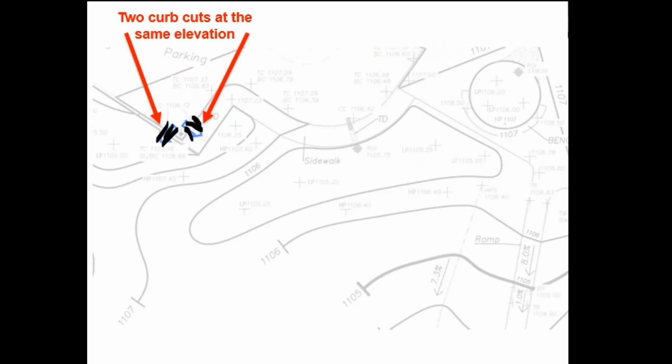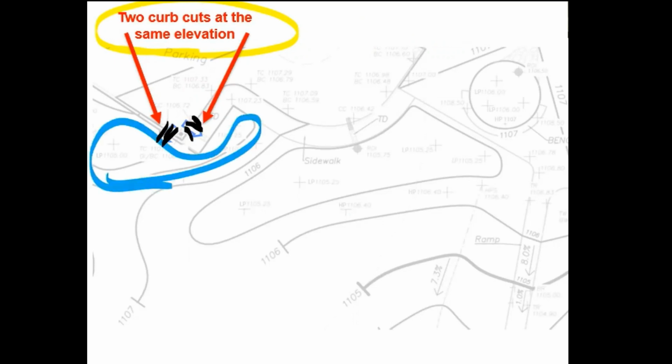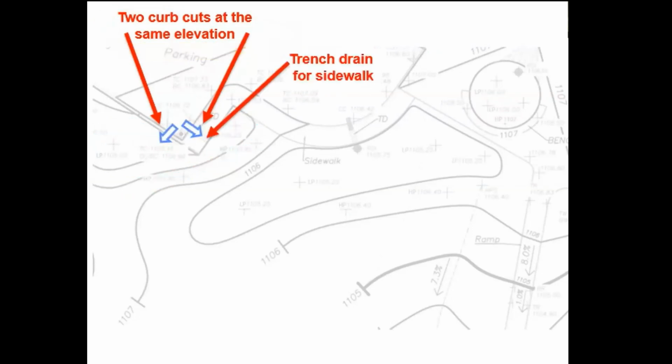And again, they must have the same elevation because this is all draining down into one bioretention system. So we need to emphasize again, the curb cuts have to have the same elevation. We, of course, then can have a trench drain that's connected to one of those curb cuts. That gets the water all the way across the sidewalk.